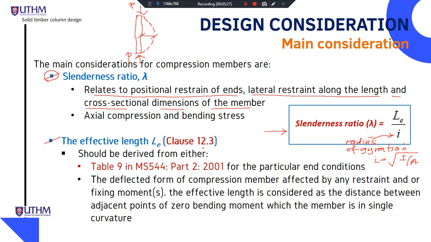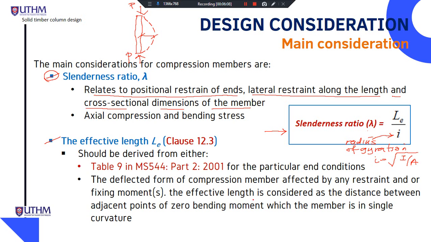Under this clause 12.3 of Malaysian Standard 544, there is table 9 on page 27. This table represents the particular end conditions. Effective length based on this standard can also be derived from the deflection form of compression members affected by any restraint and or fixing moments.